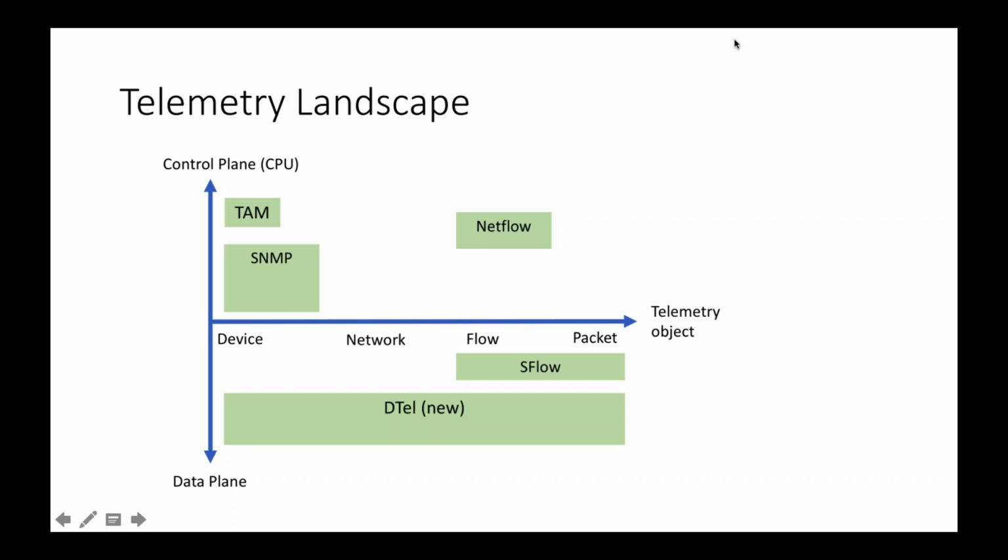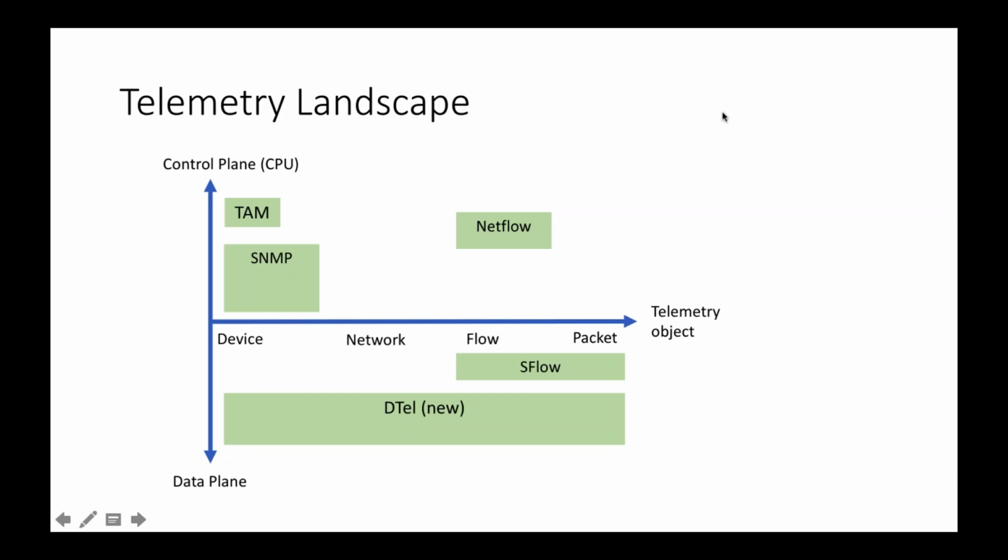And then there's this new type of telemetry that we're trying to introduce through this API, which is strictly data plane telemetry, where there's zero involvement at the CPU level. So to us, it really changes the semantics of what the existing telemetry APIs currently provide today.